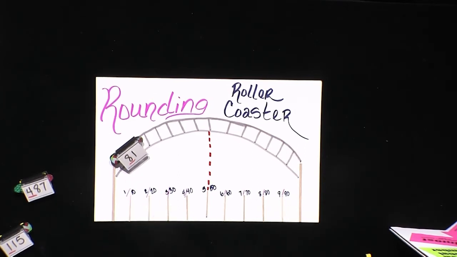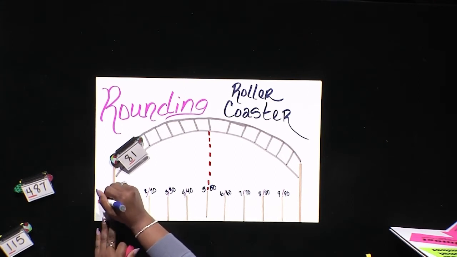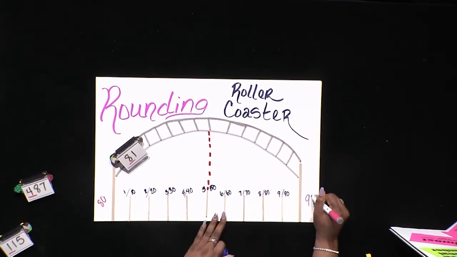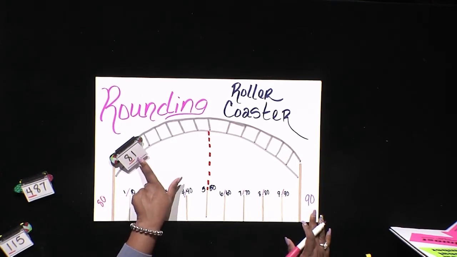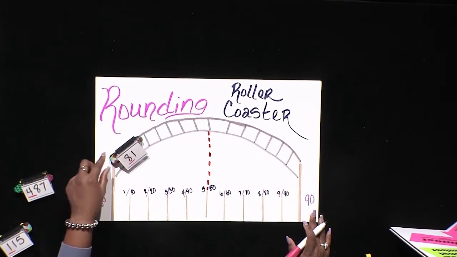So if 80 is the tens that I'm starting with, what is my range? 80, good. To what? 90, good. So I'm looking at 80 to 90. Now let's look at the number behind my tens. And what do I have? A 1. Good.